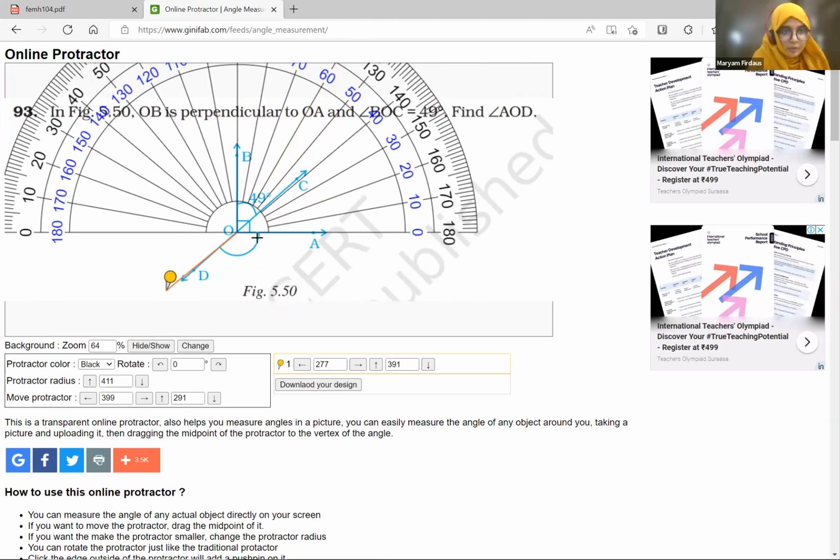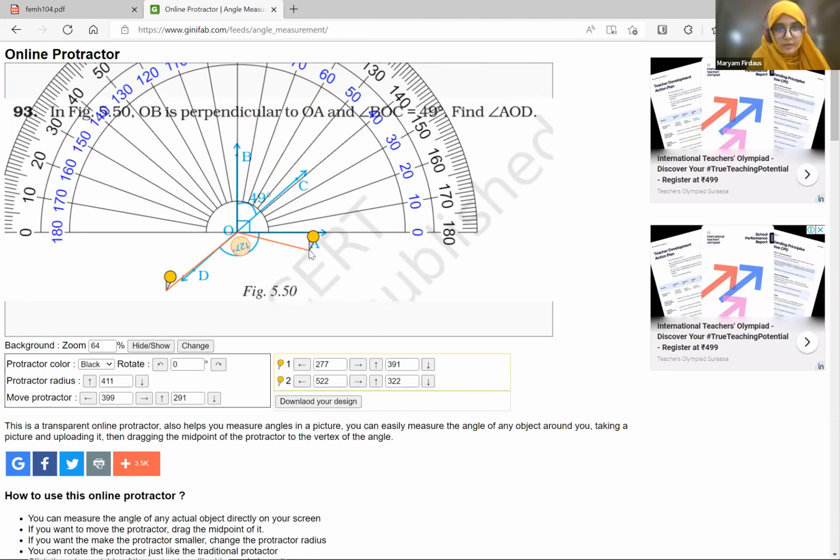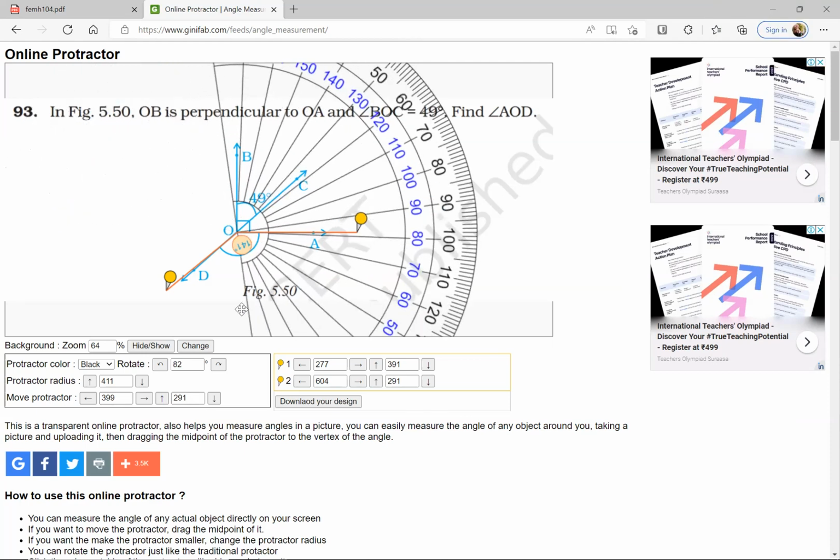This angle, I have to rotate my protractor. How do I rotate my protractor? Okay. Can you see this? Yeah. One sec. Let me figure out how this works. Why can't I just rotate my protractor? Oh, there you go.